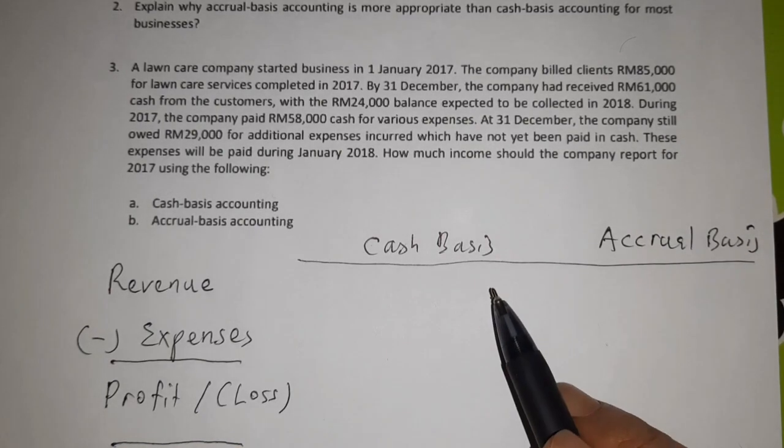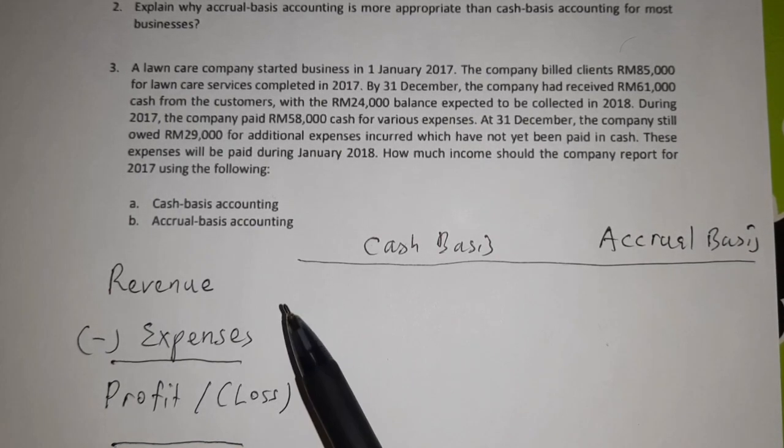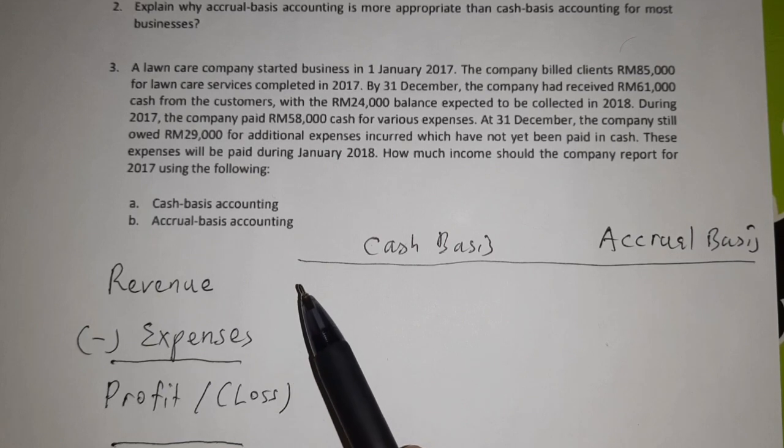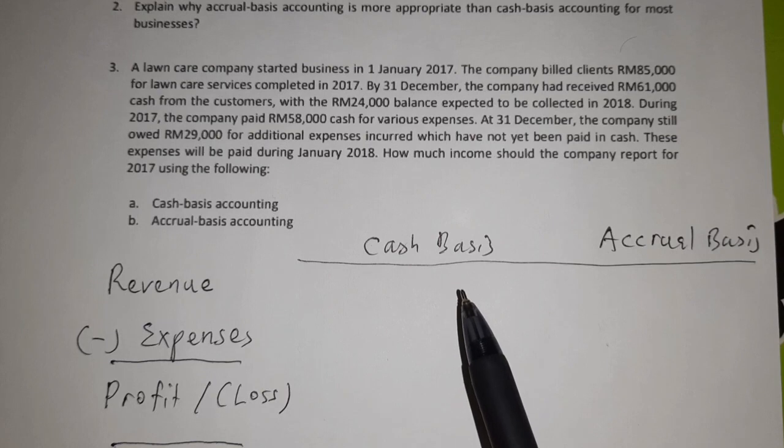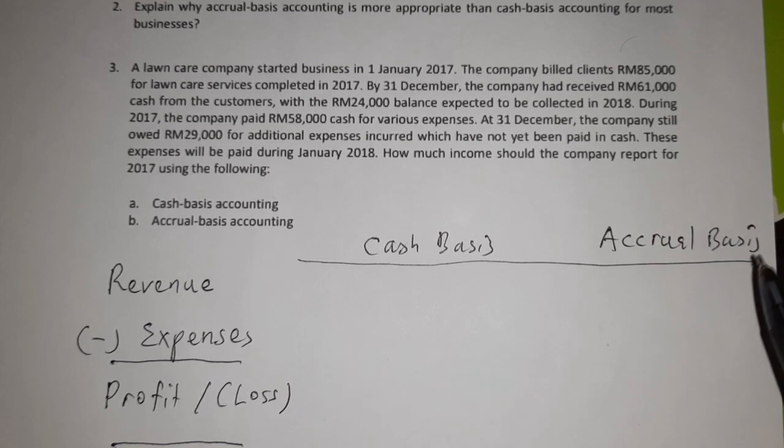So if you use cash basis accounting, revenue is cash received from customers. But under accrual basis accounting, revenue is the thing that happened during an accounting year or during one accounting period.